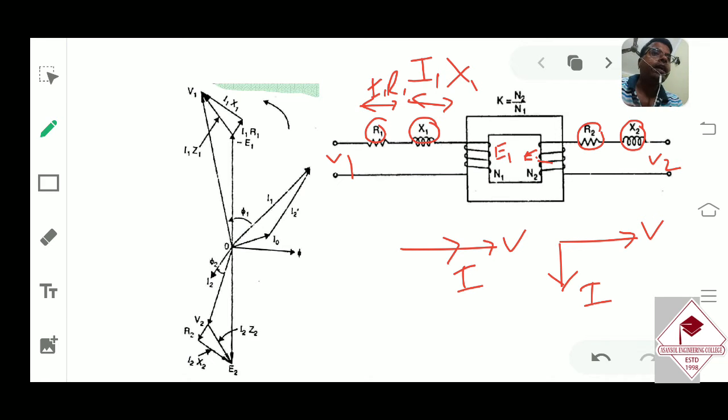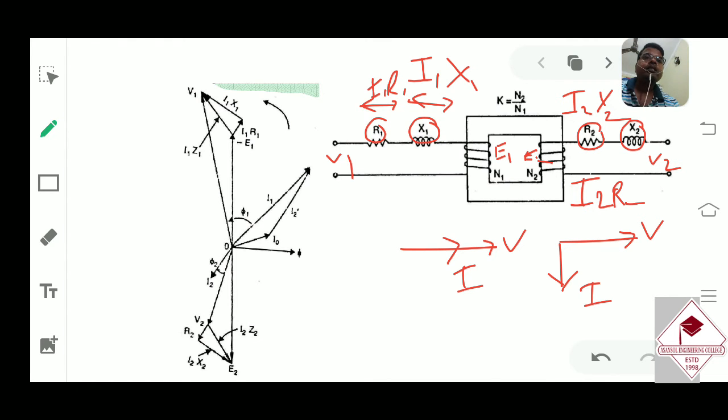Similarly, in the secondary winding there will be a drop across resistance as well as inductance, right? So across resistance it will be I2 R2, and across this X2 it is I2 X2. Fine. So these drops should be mentioned in the phasor diagram.